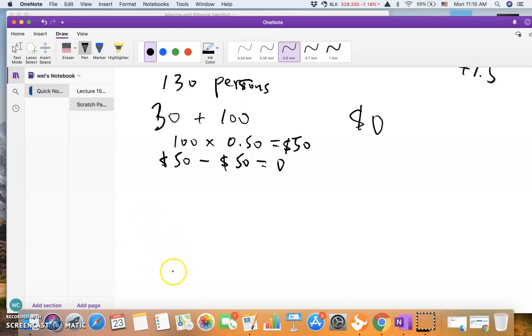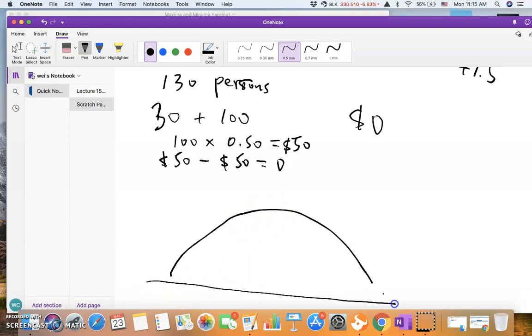And actually, if we consider the function of the revenue, the graph of the function should be like a parabola. In this graph, the x-axis stands for the number of customers, and the y-axis stands for the revenue.